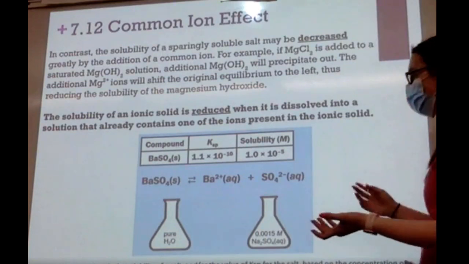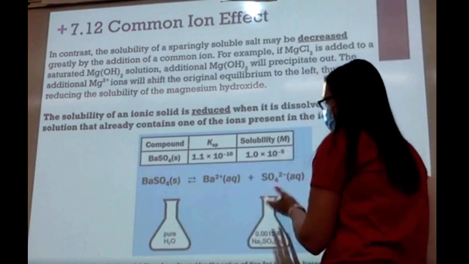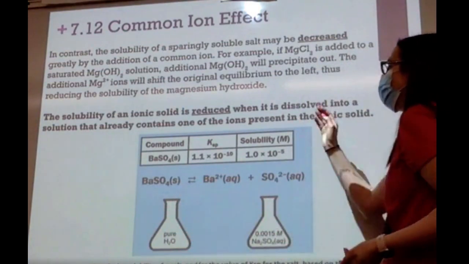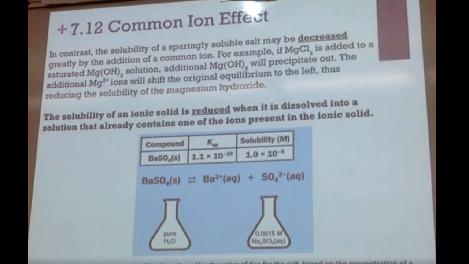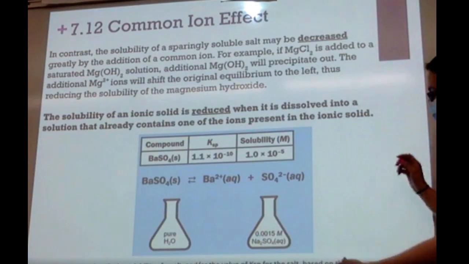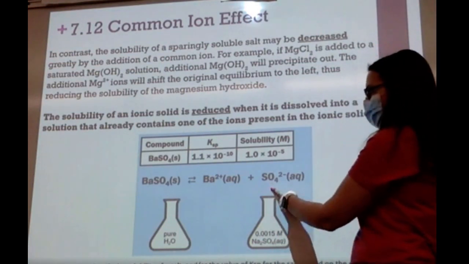So here's an example down here. We have barium sulfate solid at equilibrium with its ions. Ksp and solubility. If we're looking at solubility, typically we're looking at the solubility in pure water. However, if we add Na2SO4, we're adding SO4 2-.